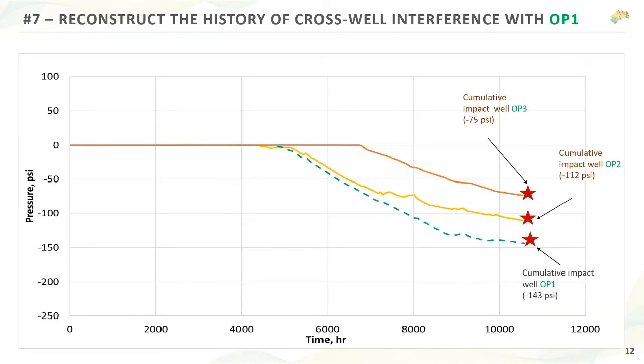And then another thing we can get is the decomposition of the pressure impact. So our well is no doubt under impact of surrounding wells, but now we can just quantify the impact of every well. So what we can see on this plot is that we see the impact of producers number 2 and 3, but we don't see any impact from producers number 4 and 5.